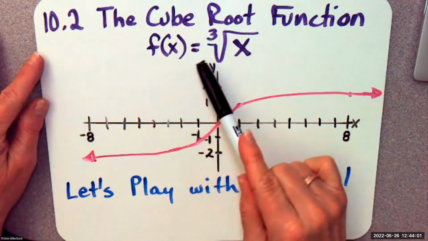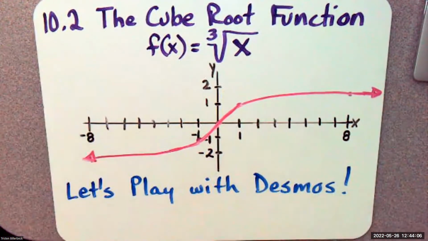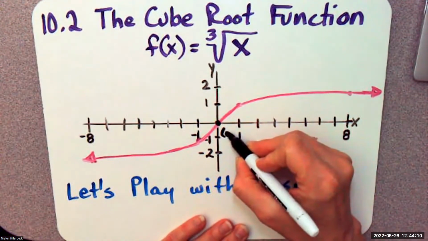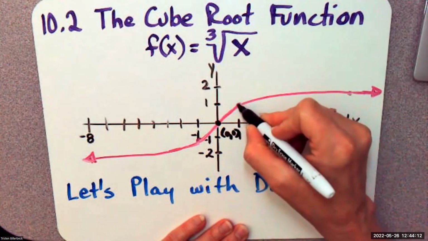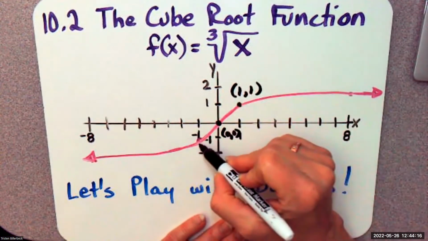So f of x equals the cube root of x, and this is its graph. Our key points on this graph, again, we have (0, 0), (1, 1). But this is unusual.